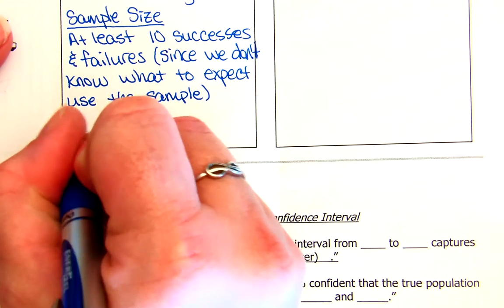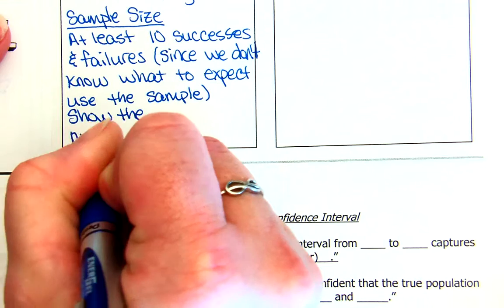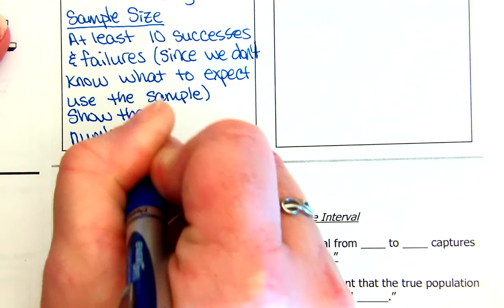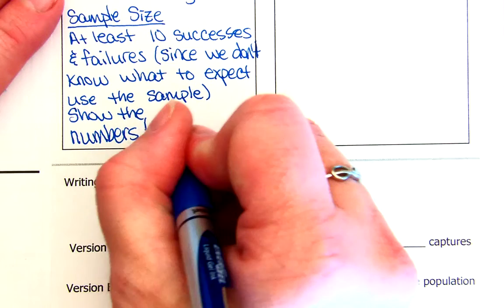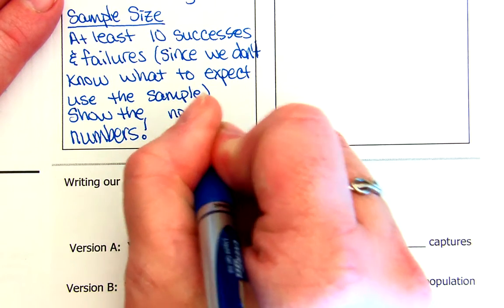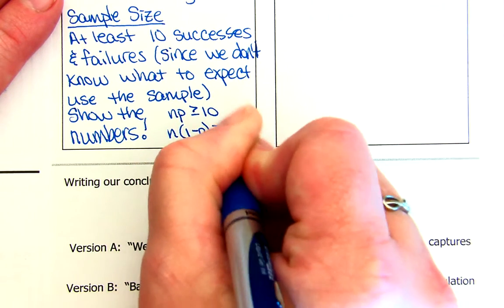And you want to make sure you show the numbers. You can't just say NP is greater than 10. Okay, well, what is NP? Give me a value. Okay, so you want NP greater than or equal to 10 and N times 1 minus P greater than or equal to 10.